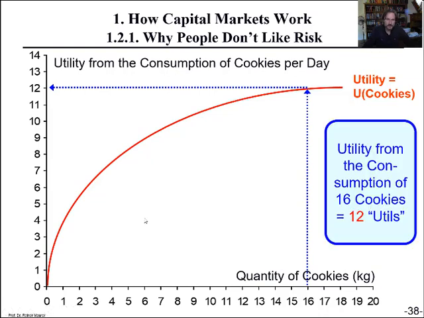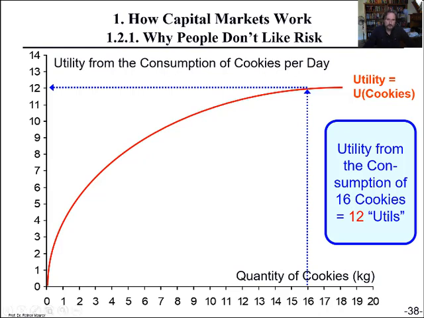According to the shape of the utility function, we observe that it gets flatter and flatter the more kilograms of cookies we consume. It's relatively steep here at the beginning, and then the slope gets really flat, nearly horizontal around here. So what does that mean?